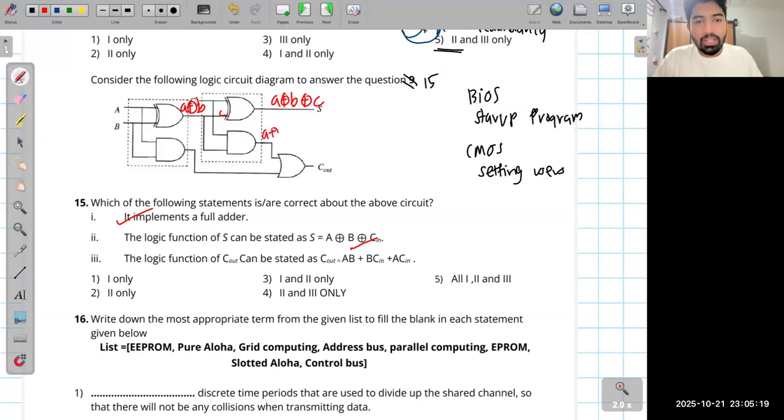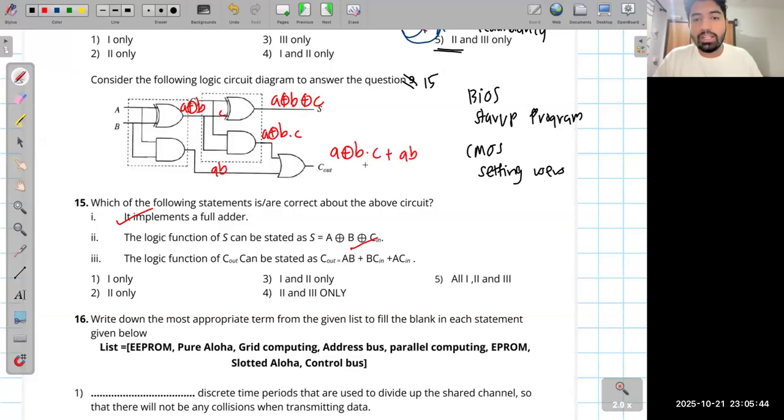Here you have A XOR B. A XOR B dot C plus AB.